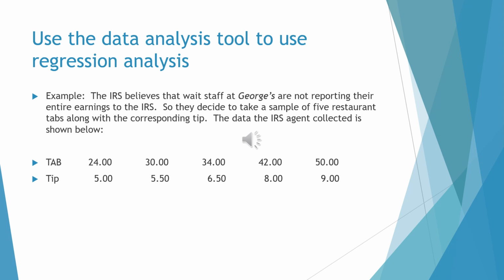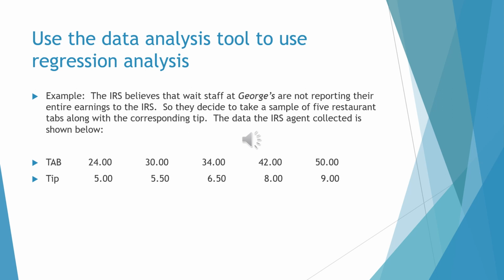They looked at 5 bills, and at the corresponding tip. The IRS agent collected this data. The tab was anywhere from $24 to $50. The tip was between $5 and $9.